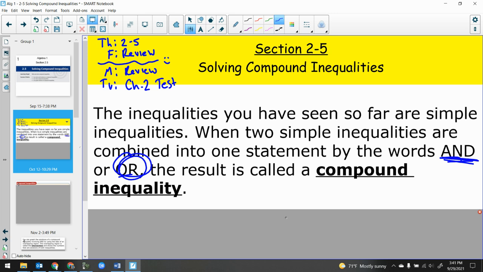So if I wanted numbers bigger than 5 and less than 10, well, bigger than 5, 6. Is 6 less than 10? Yeah, good. Well, what about 15? 15 is bigger than 5, but is it less than 10? No. So we have to be a little bit more cautious when we use the term and.